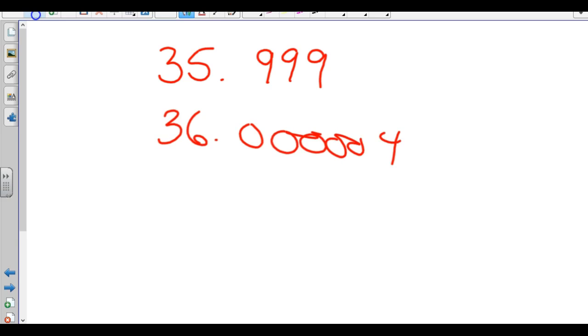Java looks at them both as 36. However, if you do a casting of an int on this, you're going to get 35. If you do a casting of an int on this, you're going to get 36. That's why we have to use the math.round function.